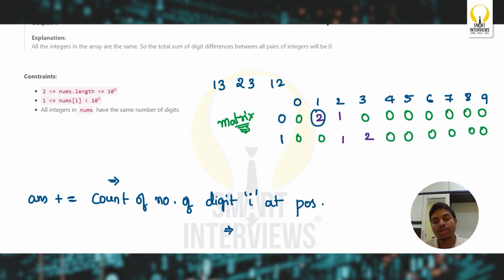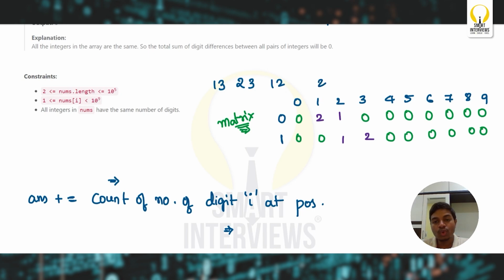We have two ones at the 0th position. If I'm having two ones at the 0th position, and I want to make pairs with others which do not have a 1 at the 0th position, how many pairs does it actually make?